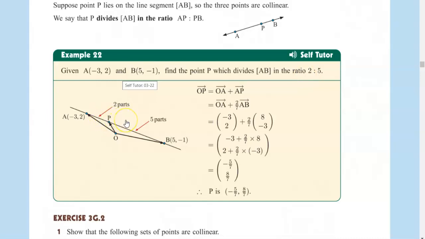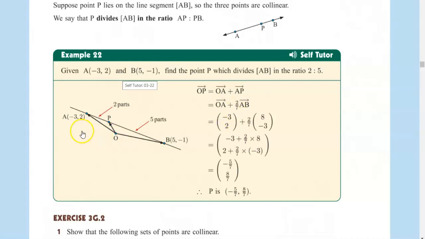So we go 2 to 5. I think hopefully we all agree that OP equals OA plus AP. Now you could have said OP equals OB plus BP. Again, multiple ways to do these questions, and I'm going to show you a third.